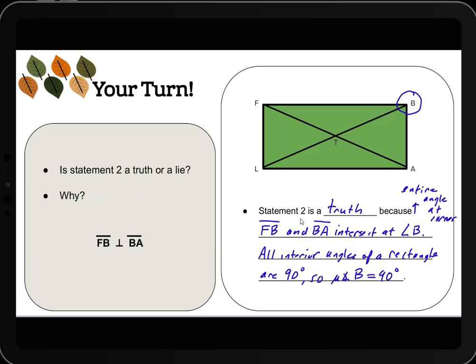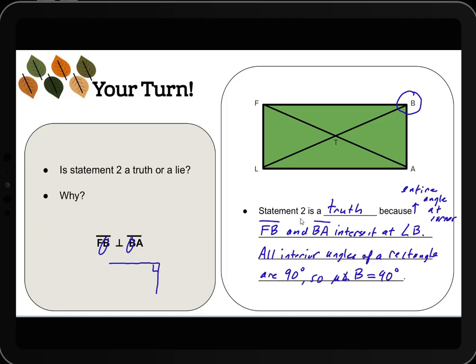The reason why they have to be perpendicular then is they would only be perpendicular if they met at a 90-degree angle. That is the reason why the two segments are perpendicular, because the angle located at B, which is the common vertex here that we have, the angle located there in its entirety is a 90-degree angle, which is why this is actually a true statement.